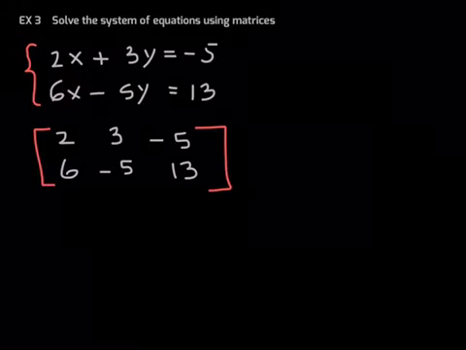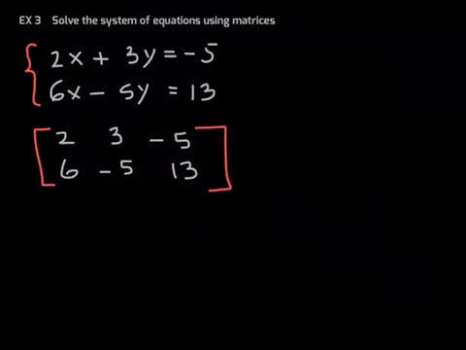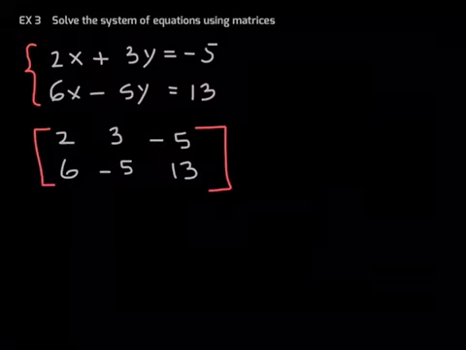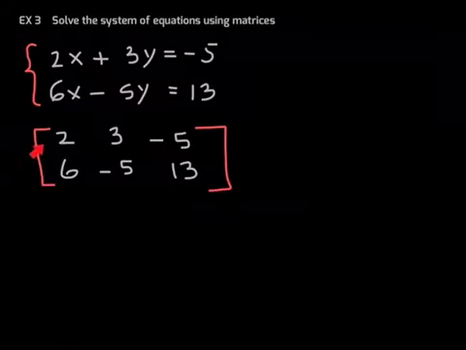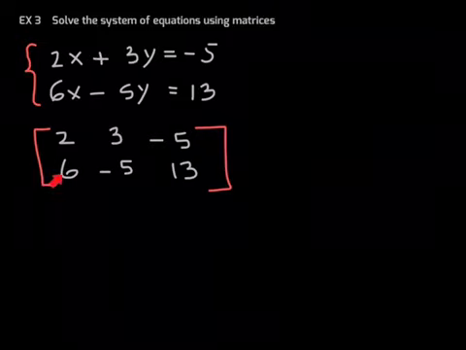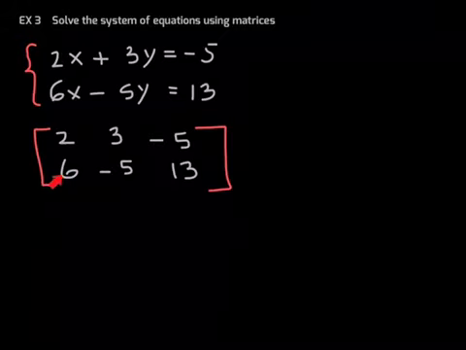And so I'm going to try to get around having fractions. So instead of going for this entry to be a 1 first, I'm going to focus on getting this entry in the second row, first column, to be a 0 instead. And I can do that if I multiply the first row by negative 3 and then add it to the second row.